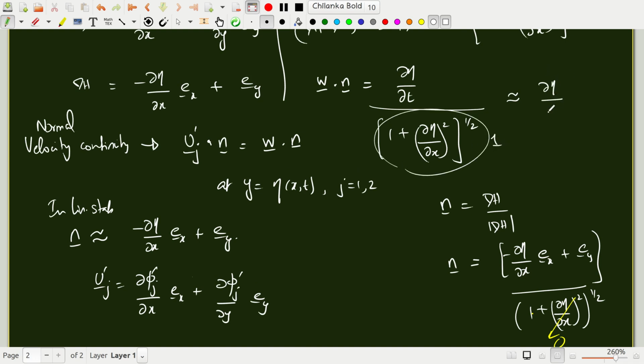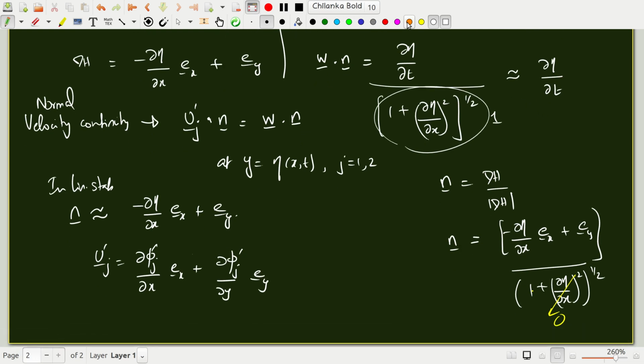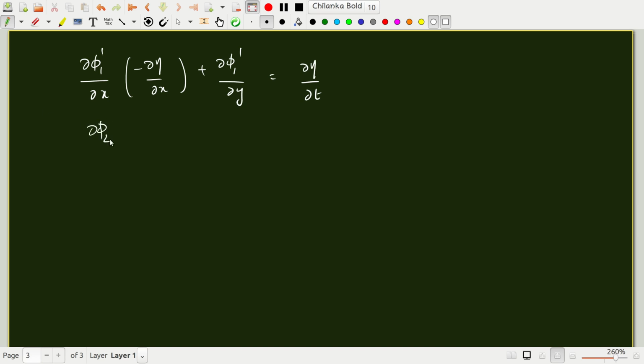When you do this, what you will get eventually is that partial phi 1 prime by partial x minus partial eta by partial x plus partial phi 1 by partial y is partial eta by partial t, and similarly for partial phi 2 and eta prime.